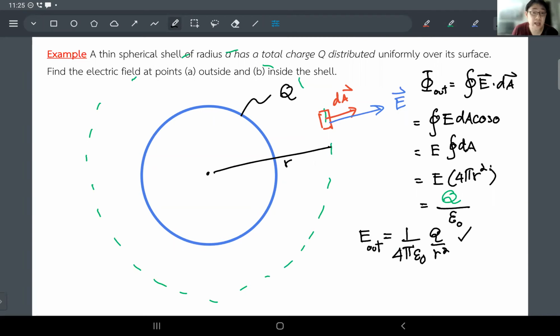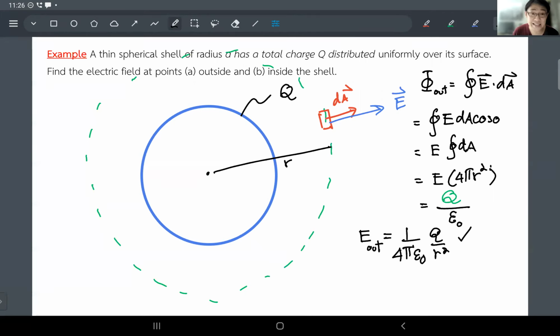That's the coolest thing, because everything came from the symmetry of the charge distribution. As long as you have a spherical charge distribution, when you're staying away from it, it will look like Coulomb's law no matter what. Cool? Okay, that business is done.